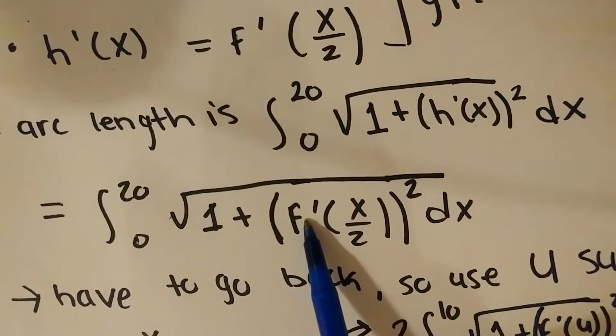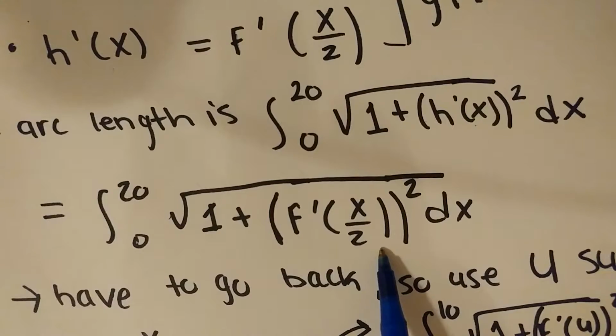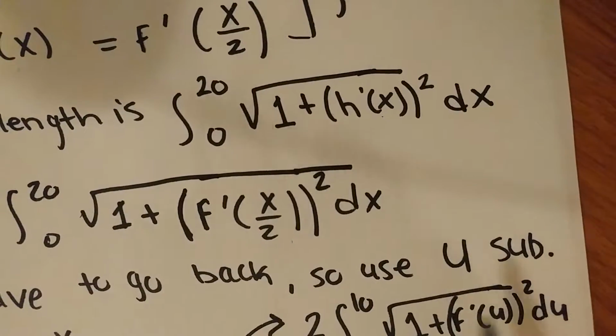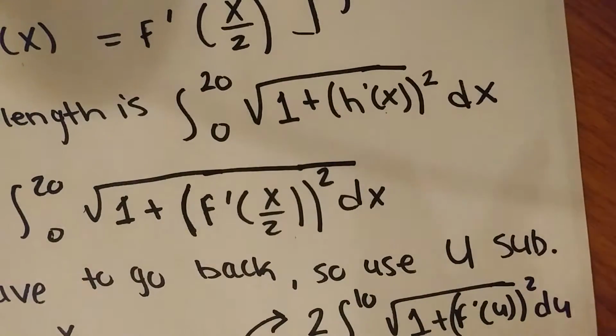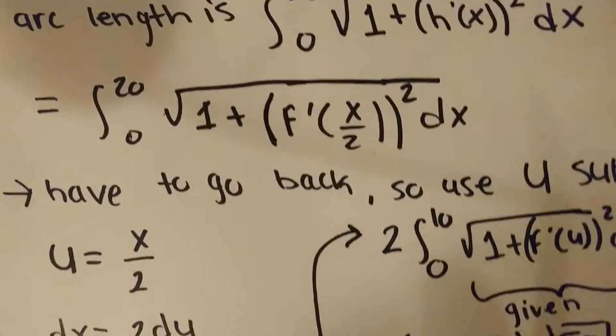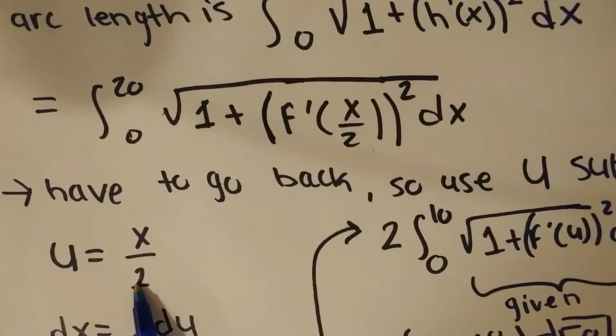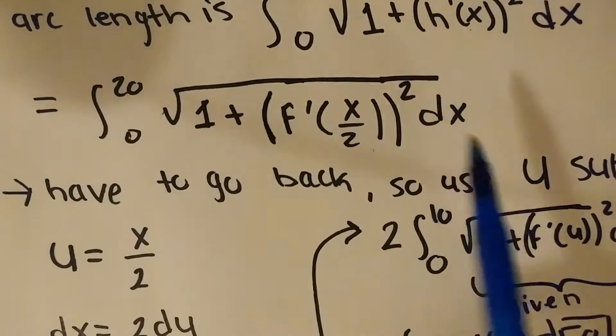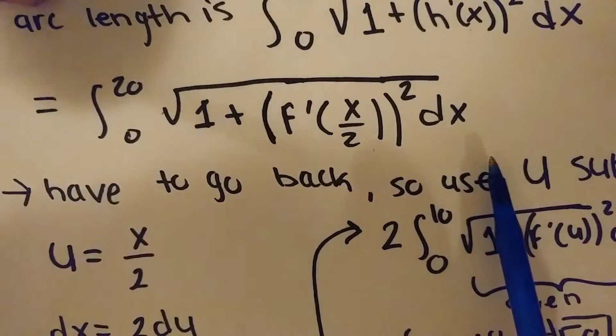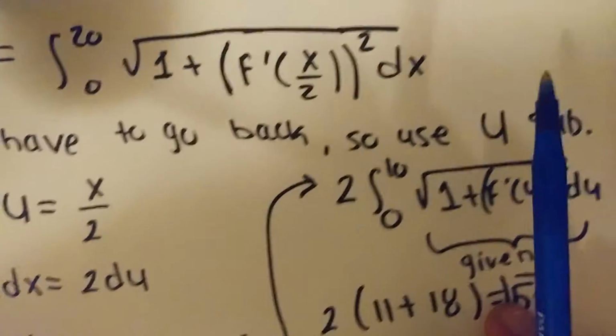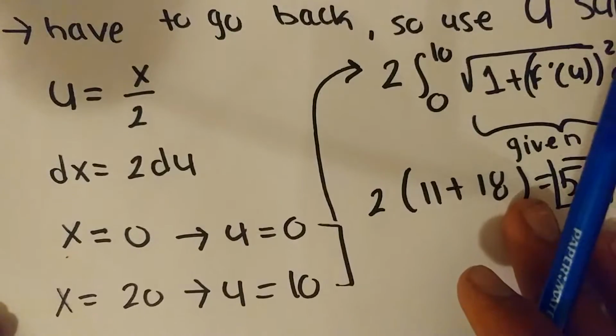And then once we get here, we have to go all the way back. We're almost back at f of x. The only way we can go back, or one of the easiest ways, is to use u substitution. So for u substitution, my u is going to be x over 2 because it's inside the parentheses. That usually works, using whatever is inside the parentheses.